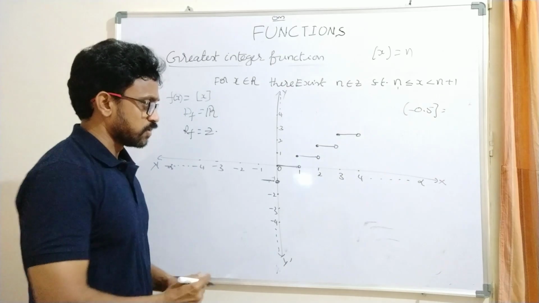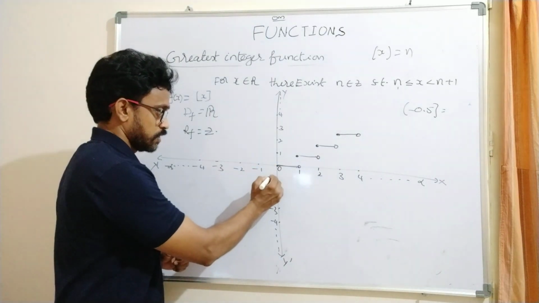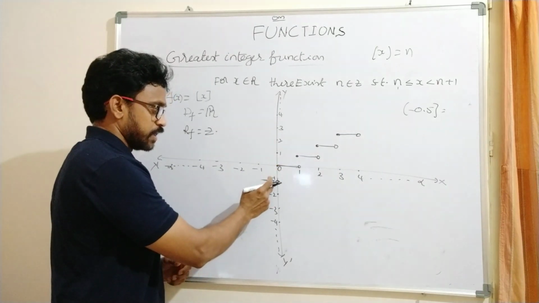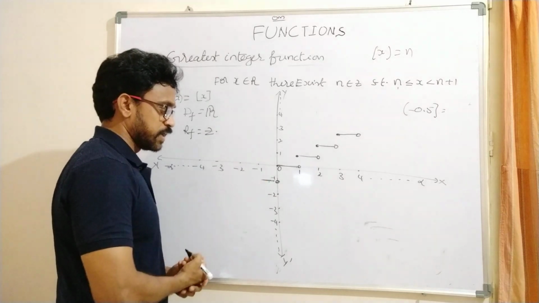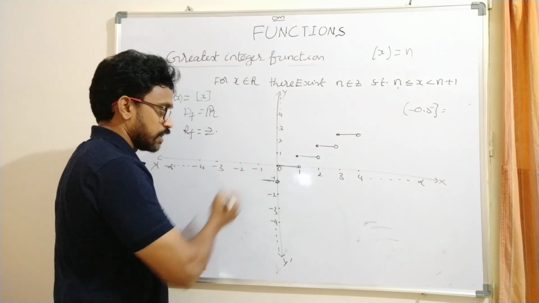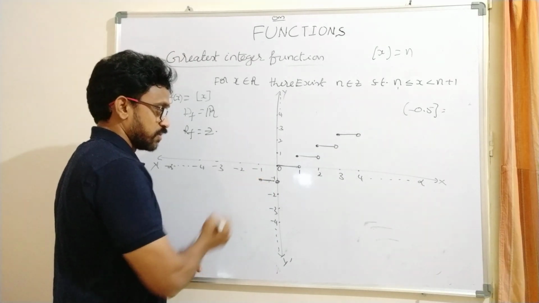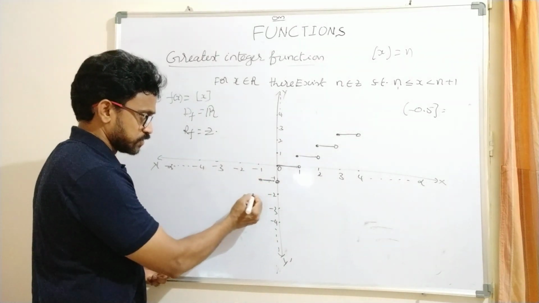The graph is discontinuous at x equal to 0. Okay, step 0 is 0. And up to here, so at x equal to minus 1, step minus 1 value is minus 1. And also the graph is discontinuous at this point.